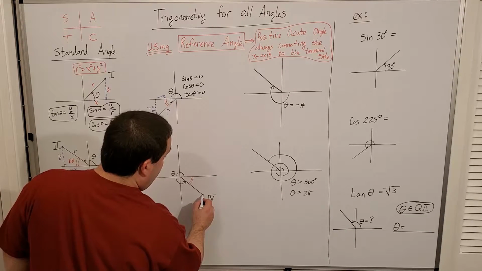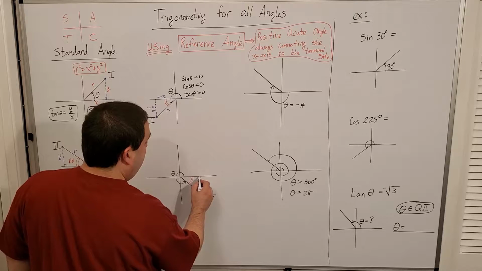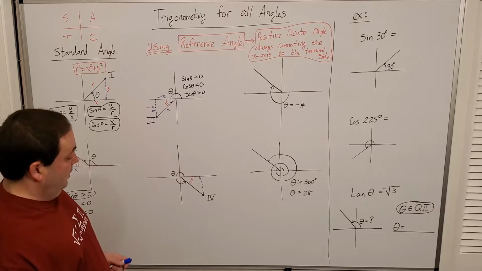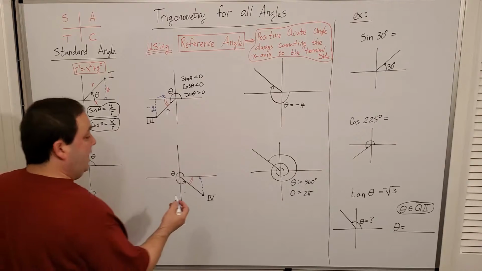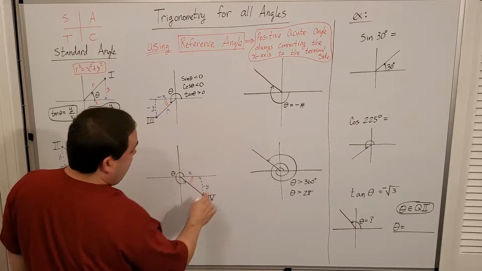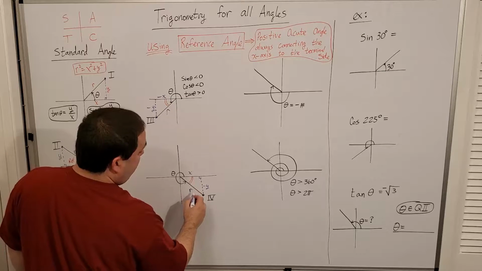So if I pick a point on the terminal side, like so, okay, so my y is negative, but now my x is positive because it's to the right now, and my r is always positive.